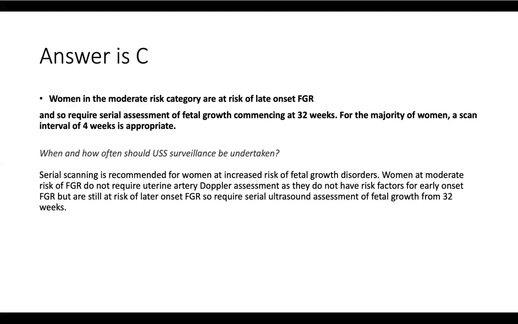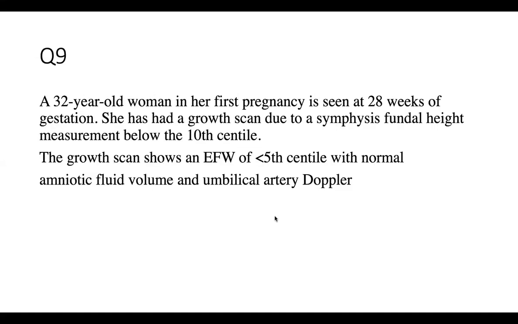And so she requires serial assessment of the fetal growth commencing at 32 weeks. For the majority, the interval between the scans will be 4 weeks, and this will be appropriate, okay? So I quoted this from the guideline in the answer.